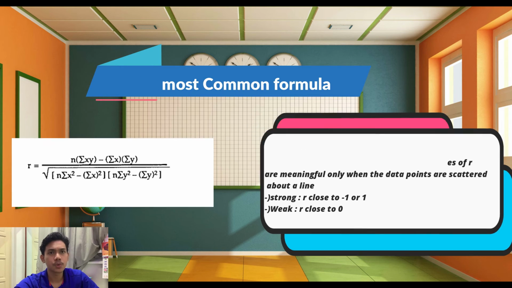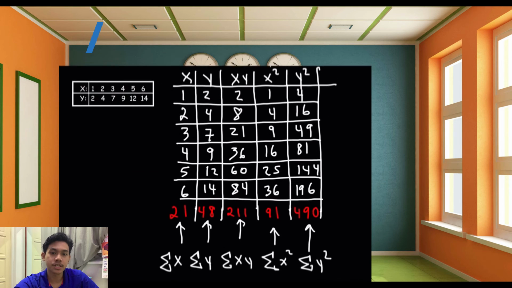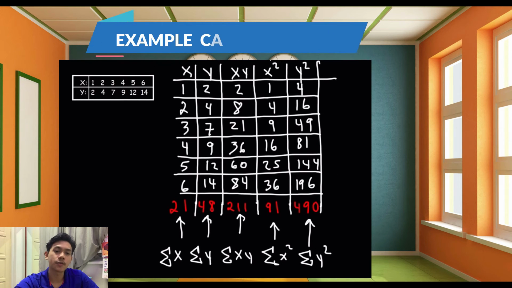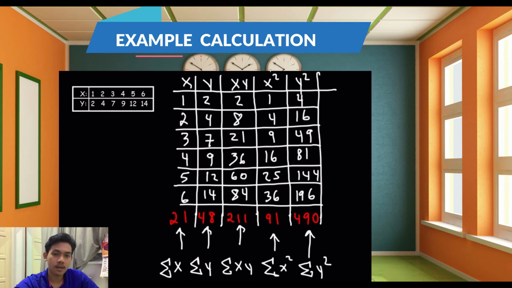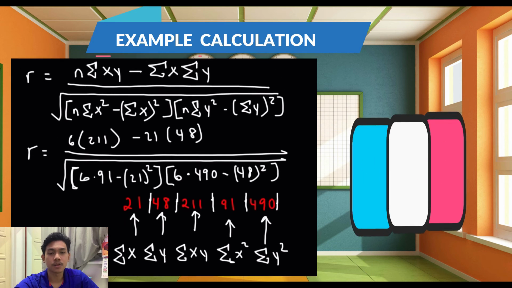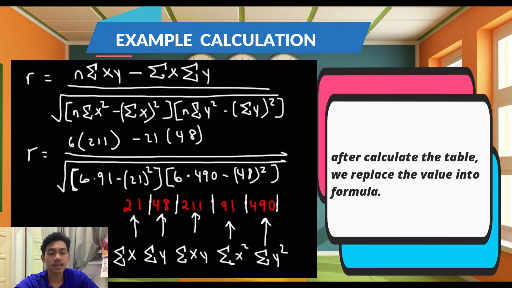So I will show you an example of the calculation. We have here a data set of x and y. Importantly, we must find xy, x square and y square, and then we calculate all the data. After we calculate all the data, we replace the values into the formula like I show here.